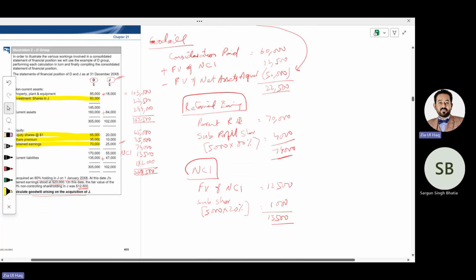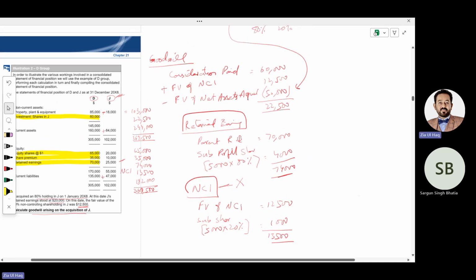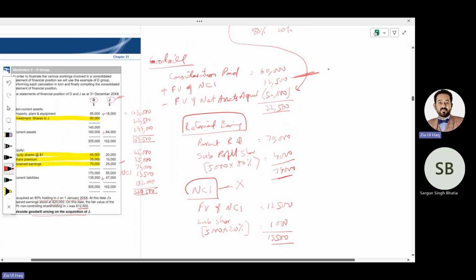And if holding is less than 100%, then non-controlling interest will appear as a liability; otherwise it will not appear. To calculate it: fair value of non-controlling interest that we used in goodwill plus the subsidiary profit share for the other holding, which is 20%. Is that fine?